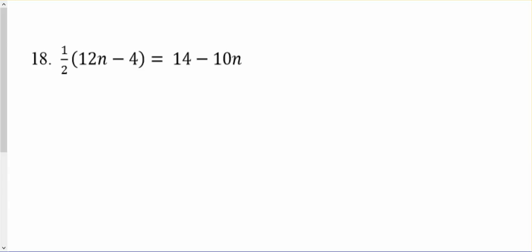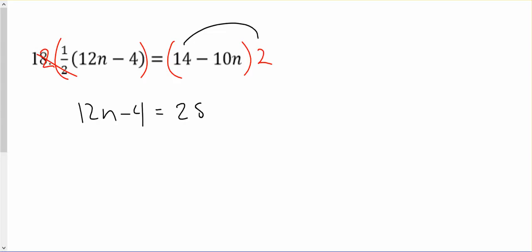18. Clear our fraction, so we'll multiply by the denominator. Multiply by the denominator, that goes away. Now this is a 1, so I don't need to rewrite it because it's a 1. So we have 12n minus 4 equals 28 minus 20n.